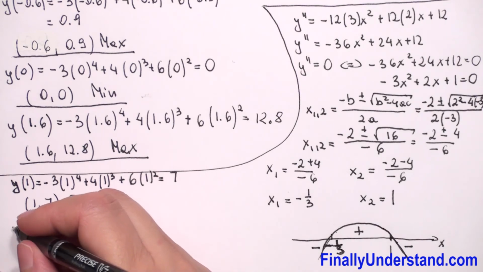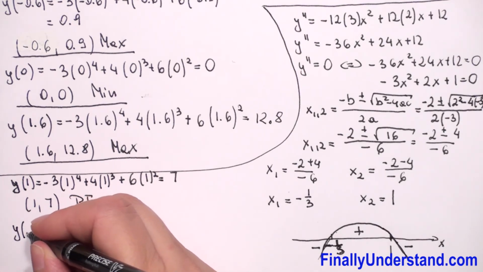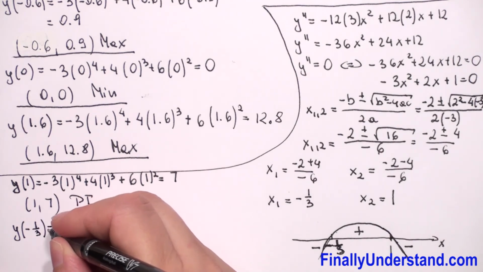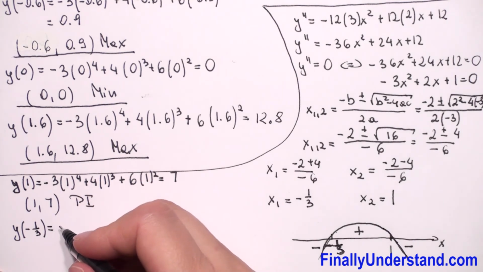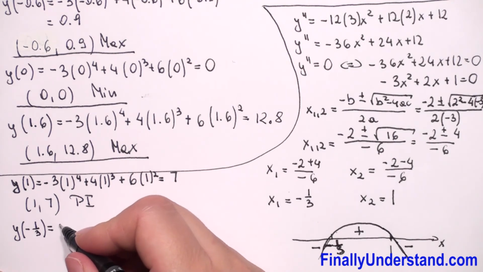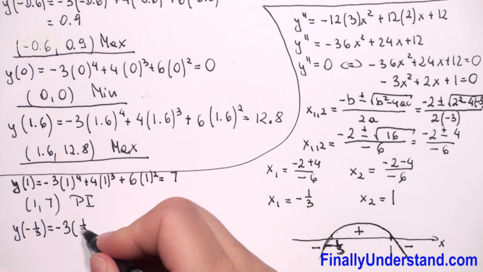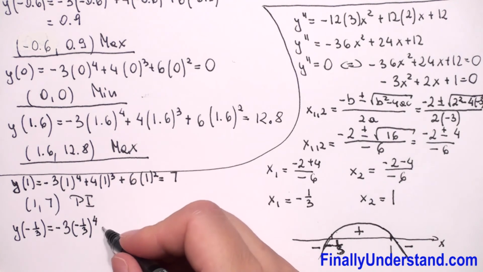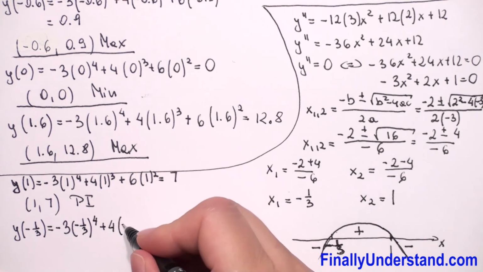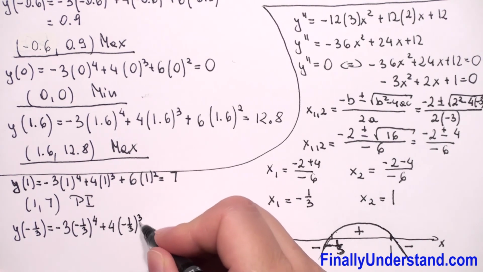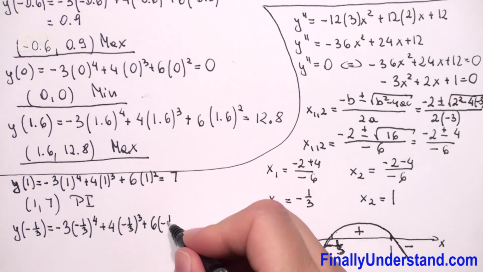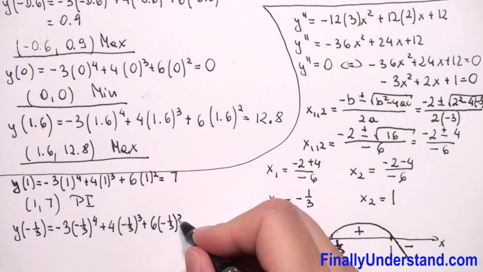And now we have to find the value of y for negative 1/3. So now we have to replace x's by negative 1/3. So it will be negative 3 times negative 1/3 to power 4 plus 4 times negative 1/3 to third power plus 6 times negative 1/3 to second power.